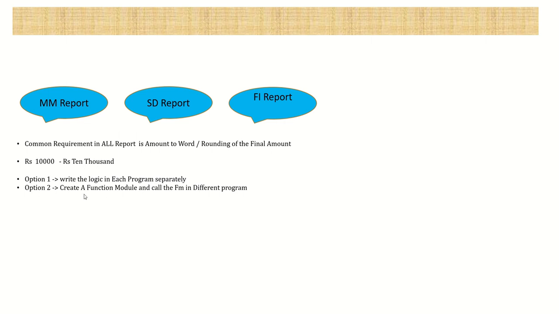Once we create that function module, the same function module we just need to call in each program, SD, MM and FI report. And in case we require any modification in future, we have to do that modification at the function module level only. So this is the advantage: create one function module and use it in n number of programs or any other object.